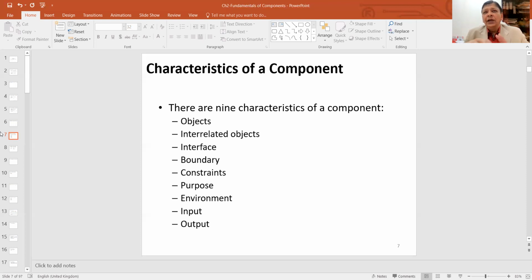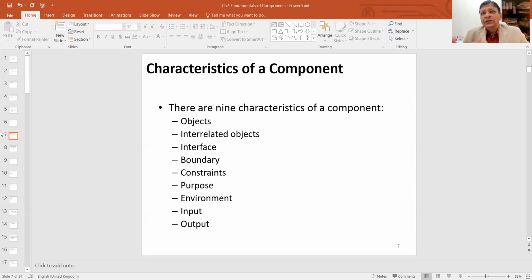Similarly, in the human body, each system has a boundary: heart system, liver system, kidney system, brain system. And in the car: gearbox, engine, battery, cooling system, heating system, GPS services, tire system, and so on.